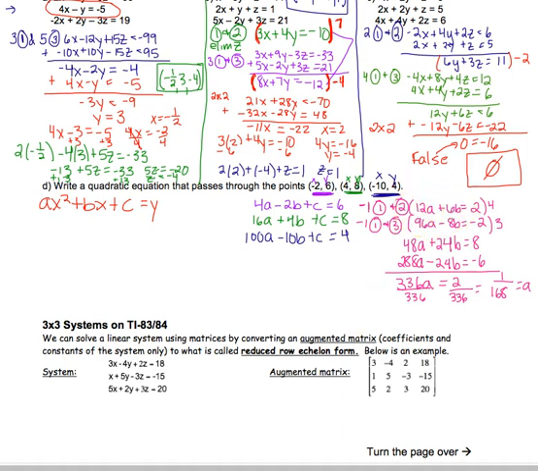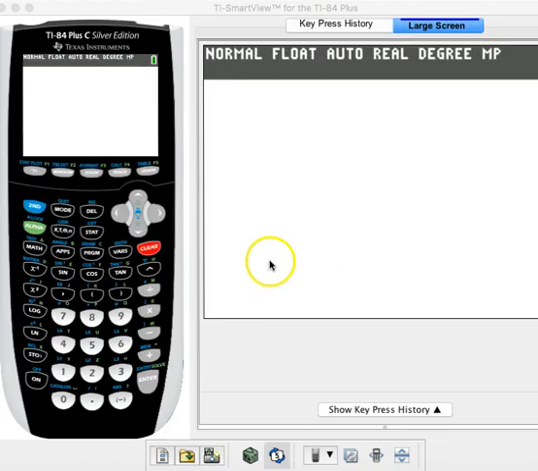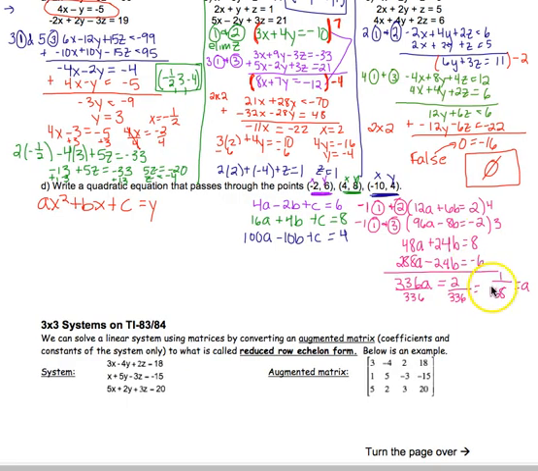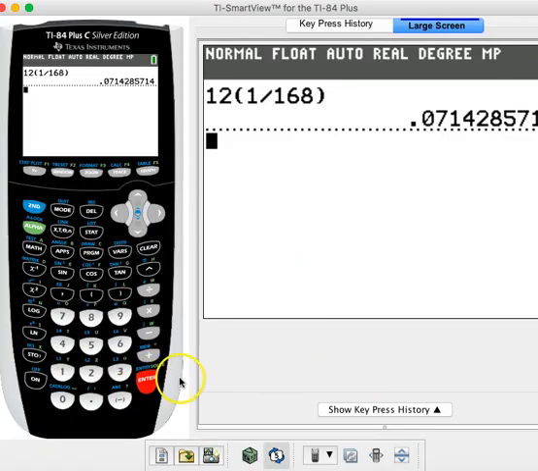So it's 12 times 1 over 168, and then, let's see, what's on the other side? A 2. So this gives me this guy.